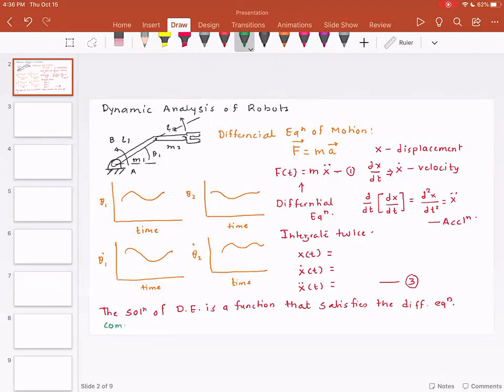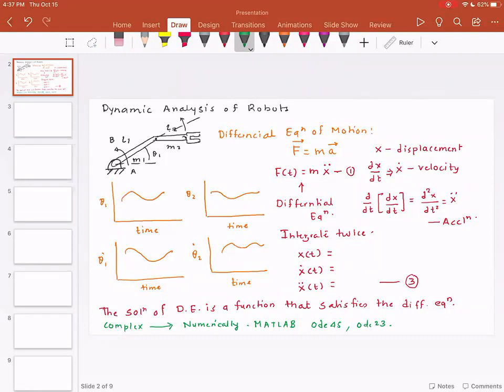So when the differential equations are complex, we try to solve them numerically. Say one way to solve it is using MATLAB, and probably you have seen ODE 45, ODE 23. These are different routines that can be used to solve differential equations.